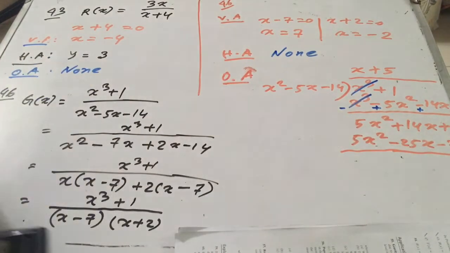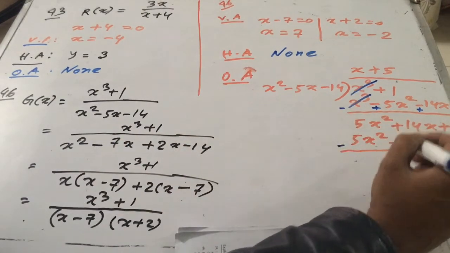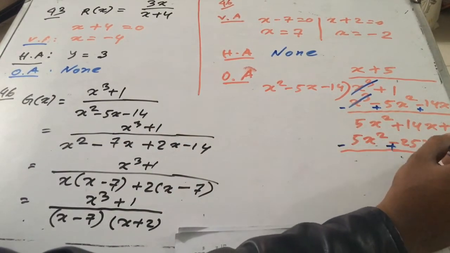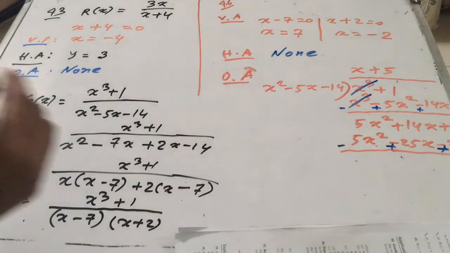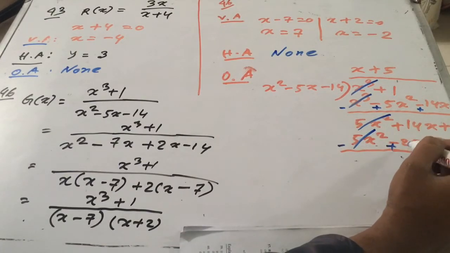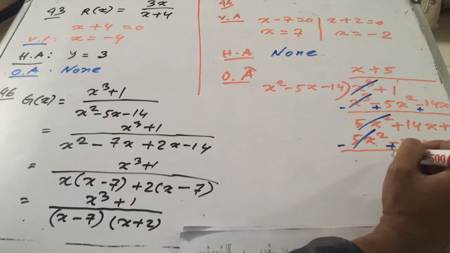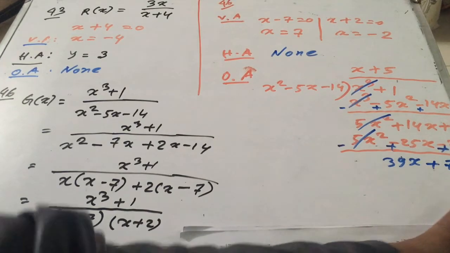Then this will be minus, this will become plus, this is plus. This is a simple subtraction method. So this and this will again cancel out, then this will become plus 25, so this is 39x, and then plus 70 plus 1 equals 71. So this is what is remaining here.